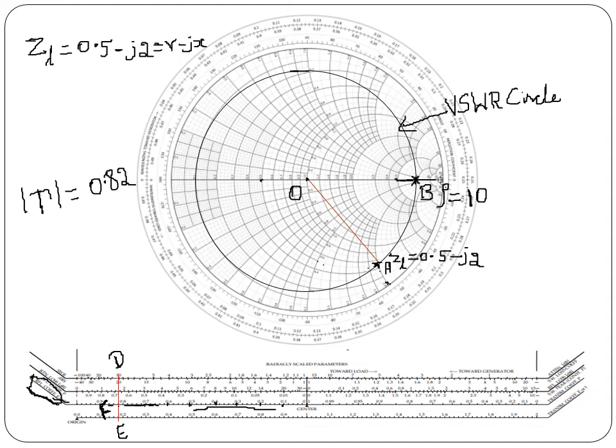The line OA is extended up to A dash and intersecting the outer scale. The angle corresponding to OA dash gives the reflection coefficient angle.